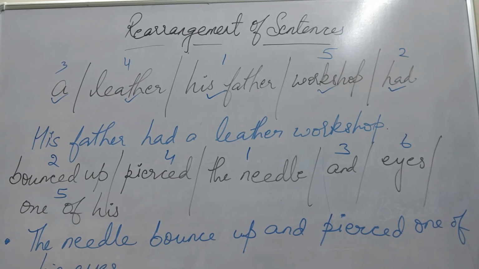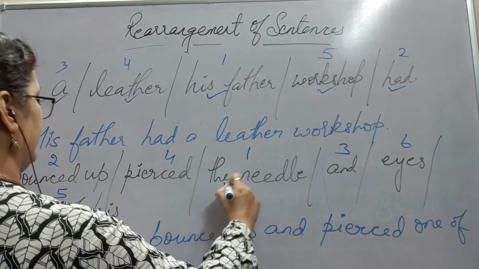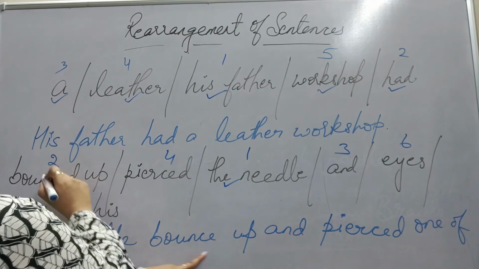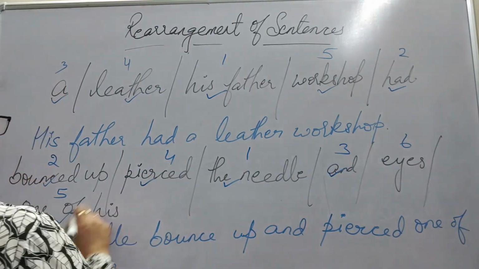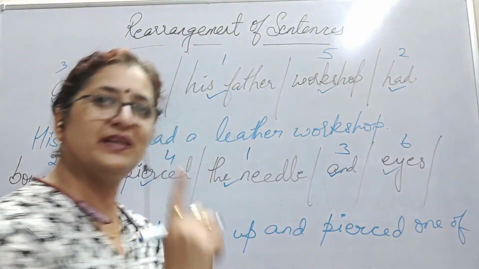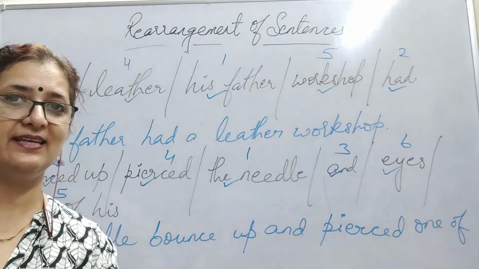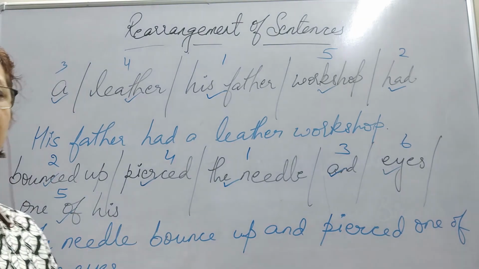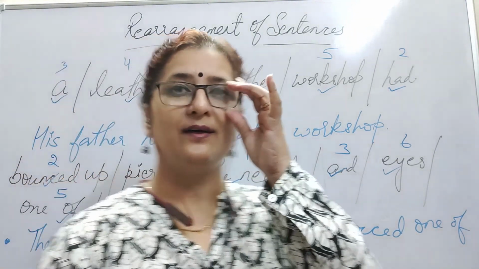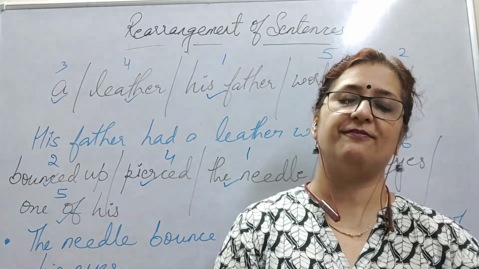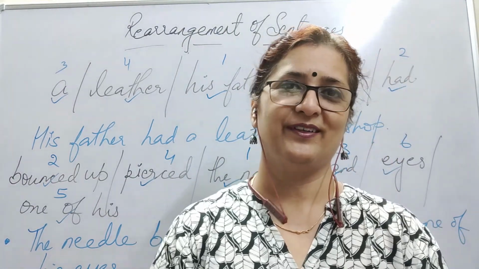Let's not forget to cross check. The needle bounced up and pierced one of his eyes. We've picked up each word and a sentence is in a proper grammatical order done. Well, I hope the concept of rearrangement is very, very clear to all of you. Thank you.